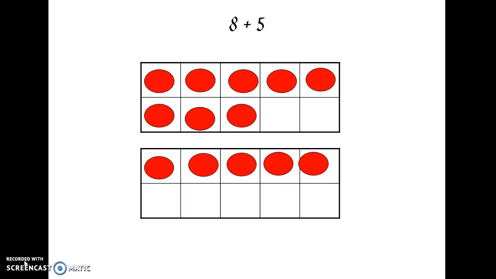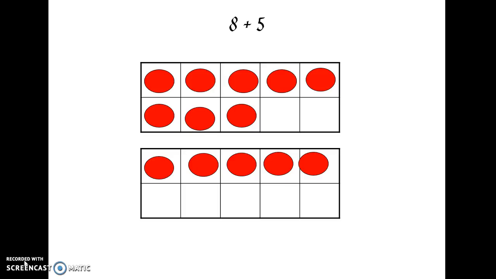But you can't add any more counters. I ask the kids this question and have them talk about it first before they actually do it. You're going to have a kid, and hopefully multiple kids, who say, yeah, you can move 2 from the bottom 10 frame up to the top 10 frame.